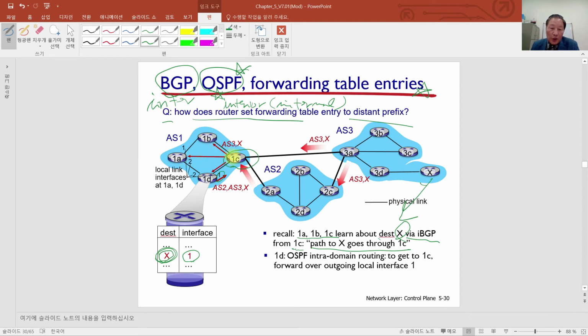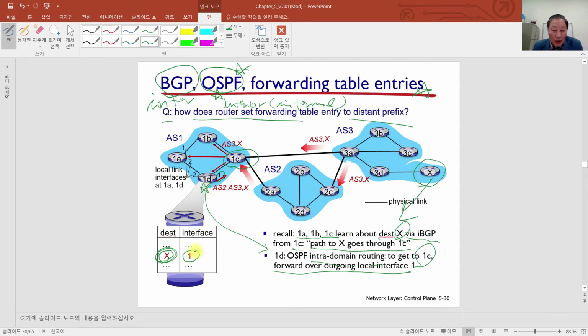That means this 1C gateway will deliver packets to this X. This is 1D here. OSPF intra-domain routing to get to 1C, and forward over outgoing local interface 1.